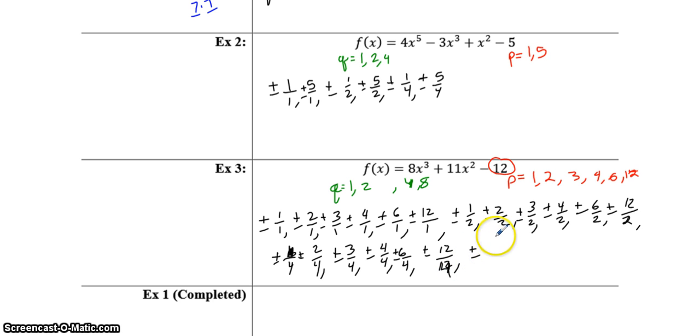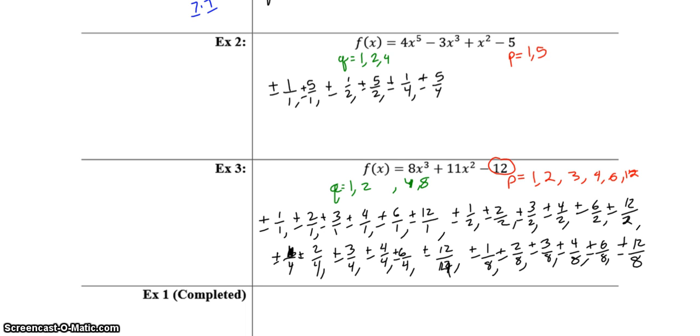And then same thing with 8. So plus or minus 1 over 8, 2 over 8, 3 over 8, 4 over 8, 6 over 8, 12 over 8. Ugh. See, that's why we like taking out common factors first. It makes this stuff shorter.